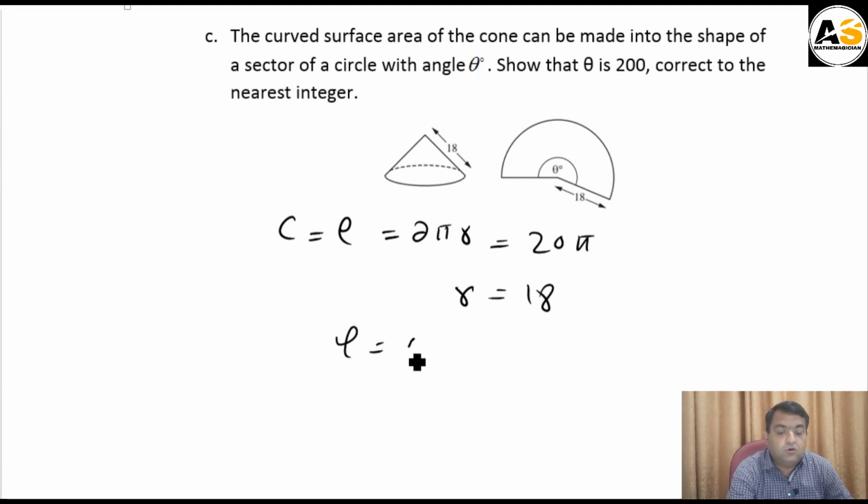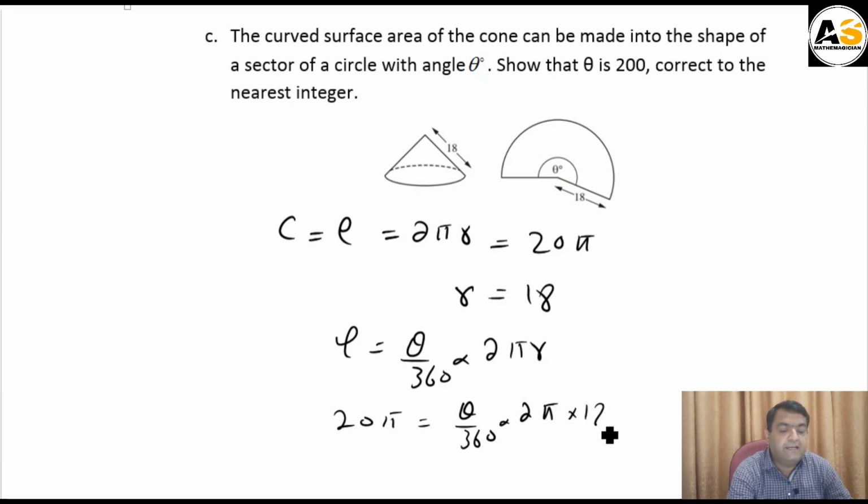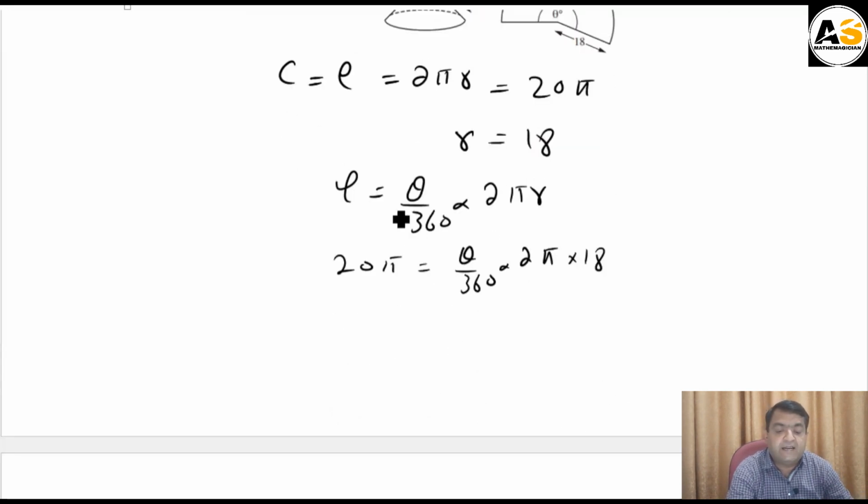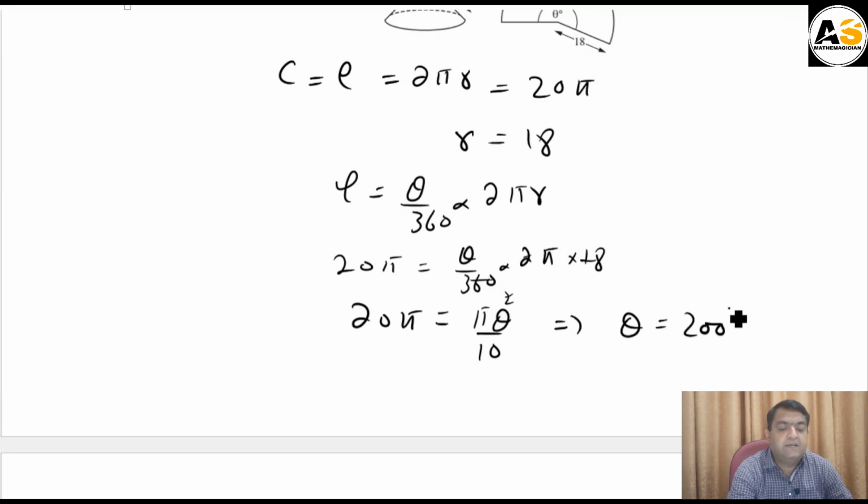Arc length is equal to theta over 360 into 2 pi r. This arc length is 20 pi. 20 pi is equal to theta over 360 into 2 pi into 18. From here I can write 20 pi is equal to pi theta over 10. So from here theta will be 200 degrees.